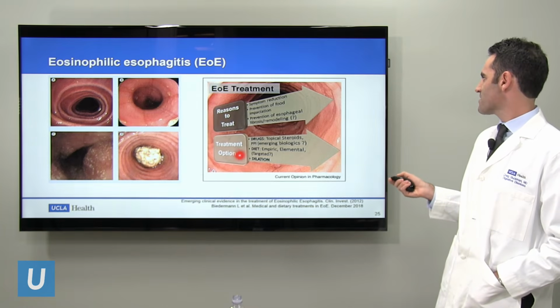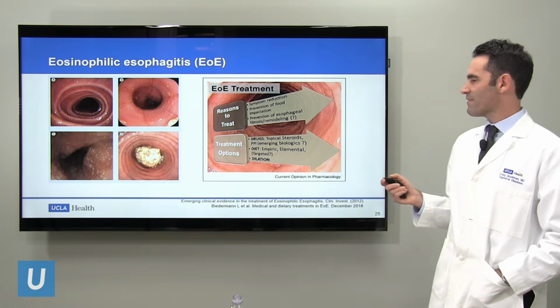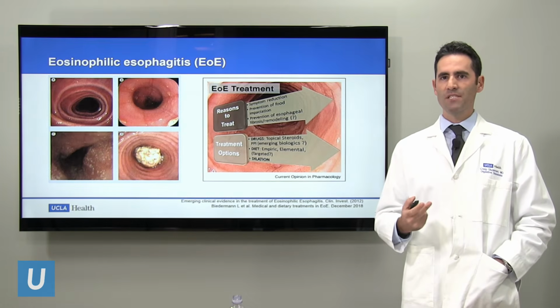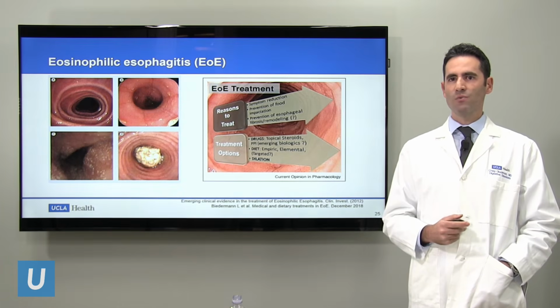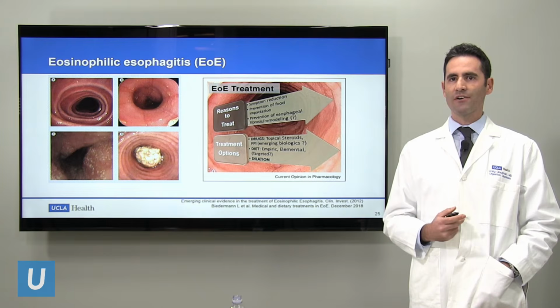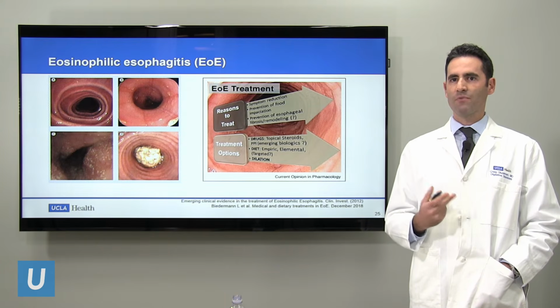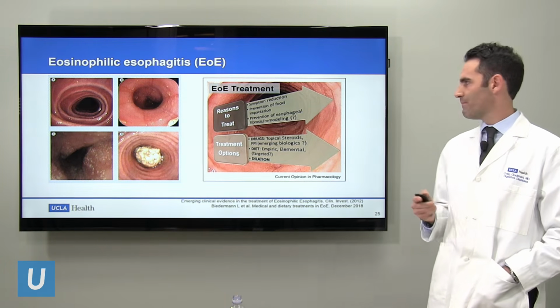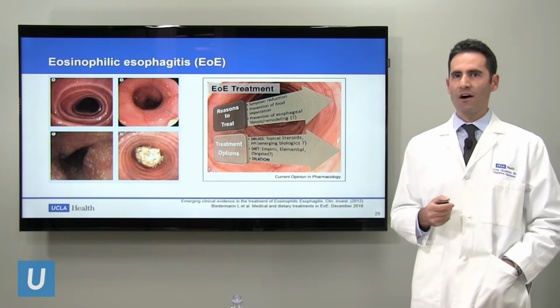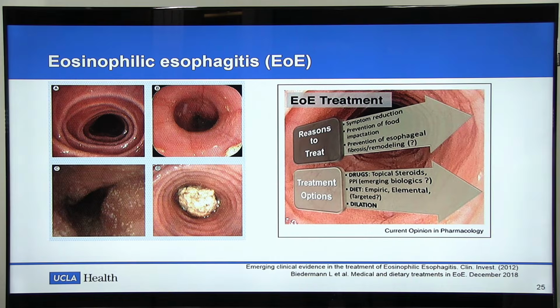If PPIs or steroids don't work, we often will try elimination diets where we eliminate certain food groups, and then we reintroduce foods one at a time, and oftentimes we can find which culprit is triggering the allergic reaction that we think is causing the EOE. And lastly, if we have to and we see strictures, we are able to dilate the esophagus of a patient with EOE.